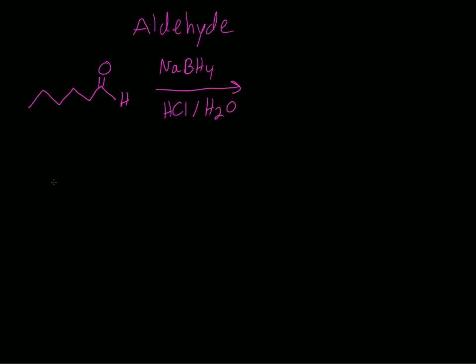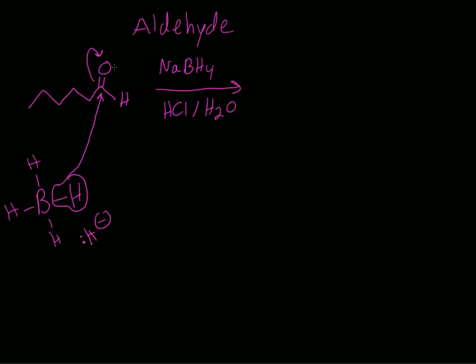So the first thing that happens is our hydride from sodium borohydride is going to attach to this carbon. So here's our boron, our hydrogens. One of these hydrogens is going to attach right here, and that's going to break our pi bond. So this whole part right here is attaching. This H minus, if you want to look at it like that, is attaching to this carbon.